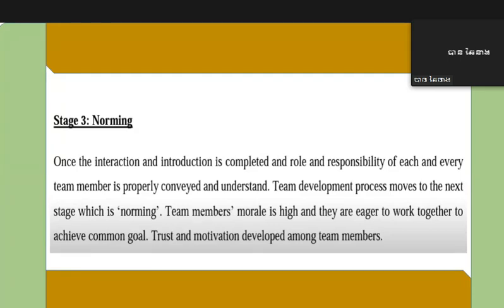Team members' morale is high and they are eager to work together to achieve common goals. Trust and motivation develop among team members.